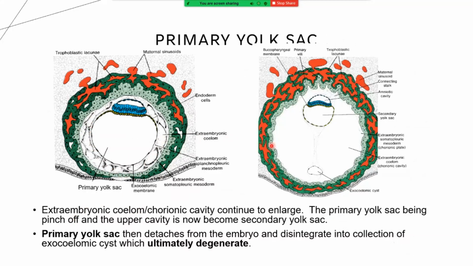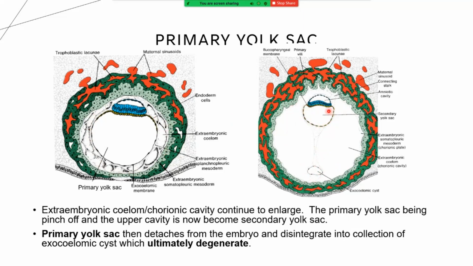The extraembryonic coelom or chorionic cavity continues to enlarge, and eventually the parts fuse and pinch the primary yolk sac into two parts.